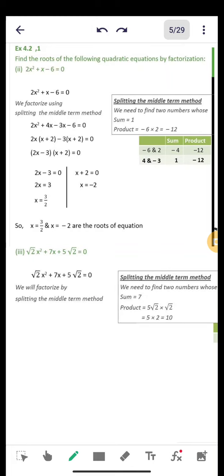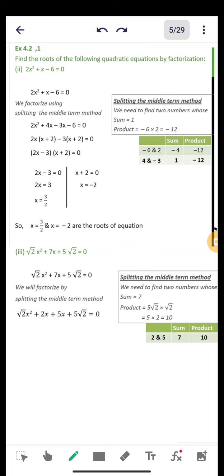So I can take the factors as 2 and 5, because 2 plus 5 is 7 and 2 into 5 is 10. This middle term can be split as 2x plus 5x. Now we have root 2 here, and here we have 2. So what should be taken common? Here the question arises.